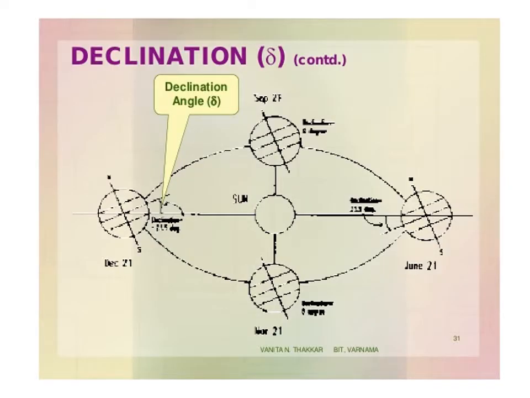Now, let's see what declination is, and then inclination. When a magnetic needle is freely suspended, its alignment does not exactly lie along the geographic meridian.